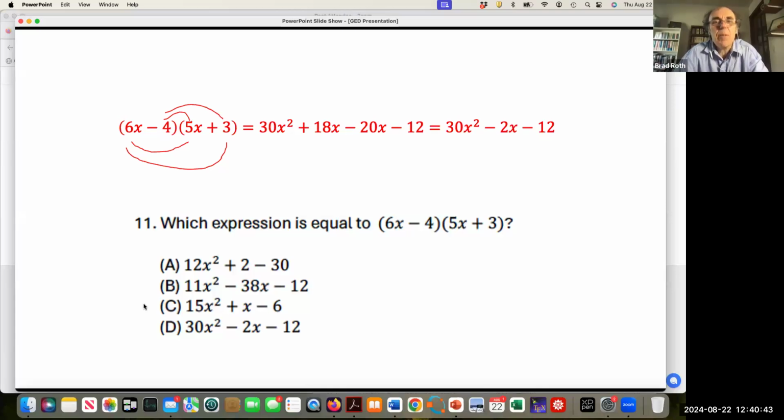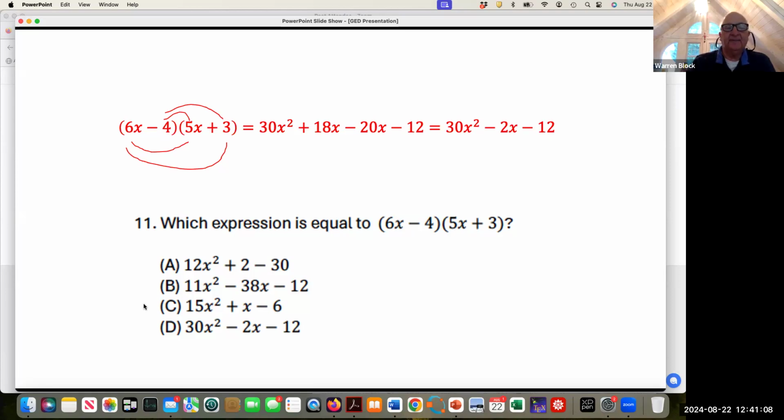The place where students will make the mistakes is distributing the minus signs on these things. That's where they really have the problems. They'll get the middle minus term 20, but they'll have plus 12. The middle term is the hard one. You can't see my cursor, but the 6 times the 3, that's the outer.